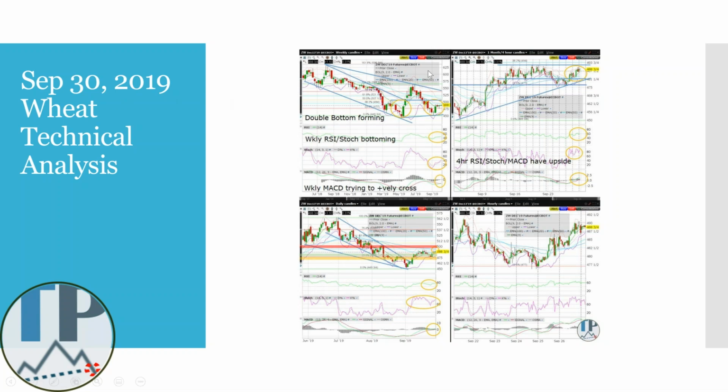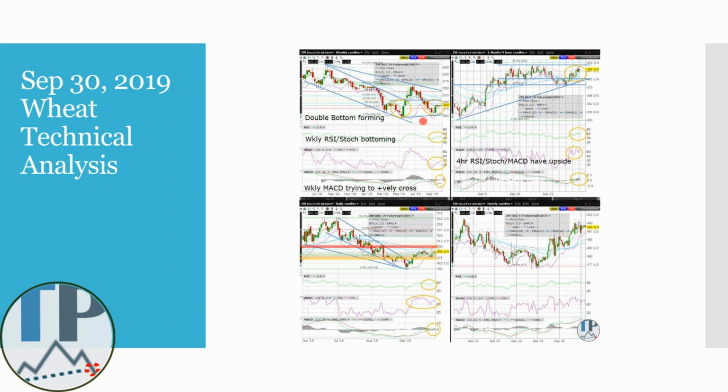So on the weekly chart in the upper left quadrant, what we're looking at is a bit of a double bottom. And I think I'll just try to take a spotlight, which I probably should have been doing earlier. This spotlight here is basically just going around what I felt were bottoming efforts of significance, which I labeled a double bottom here.